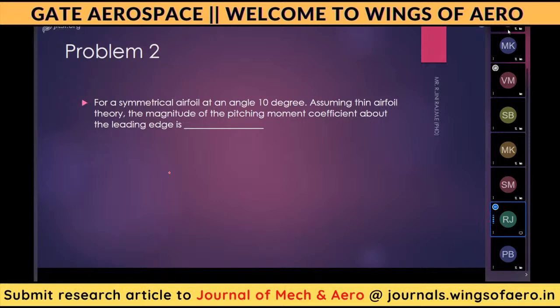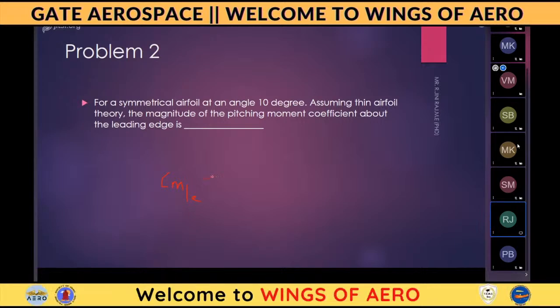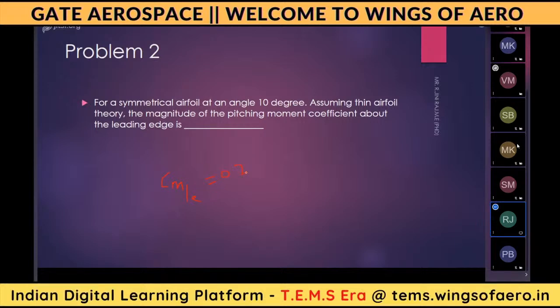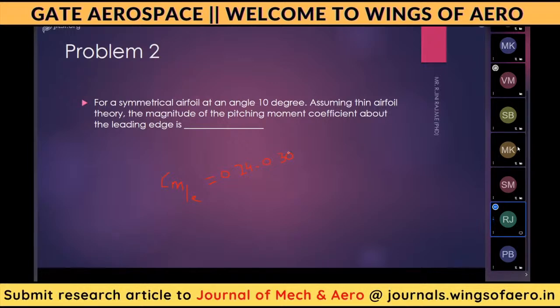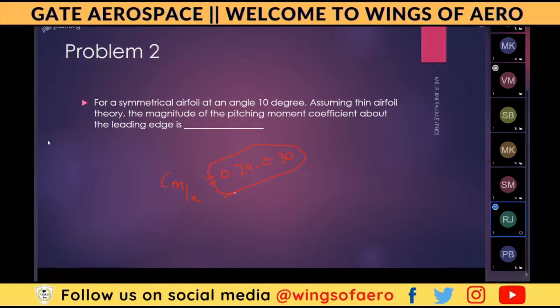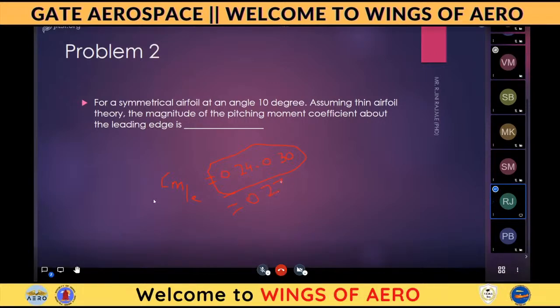So the answer for the moment question is CM leading edge is equal to, it should be between 0.24 to 0.3. For your GATE and all, the questions will be given answers like this only, and if you are getting a value like 0.274, that is the correct answer.